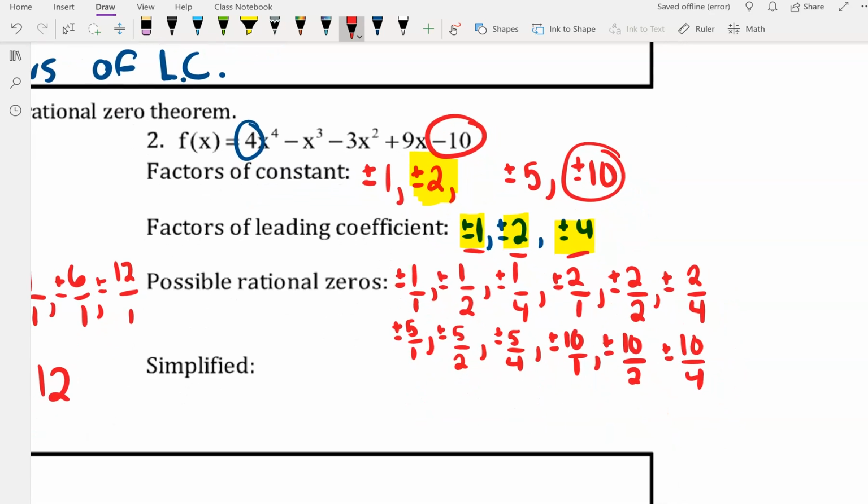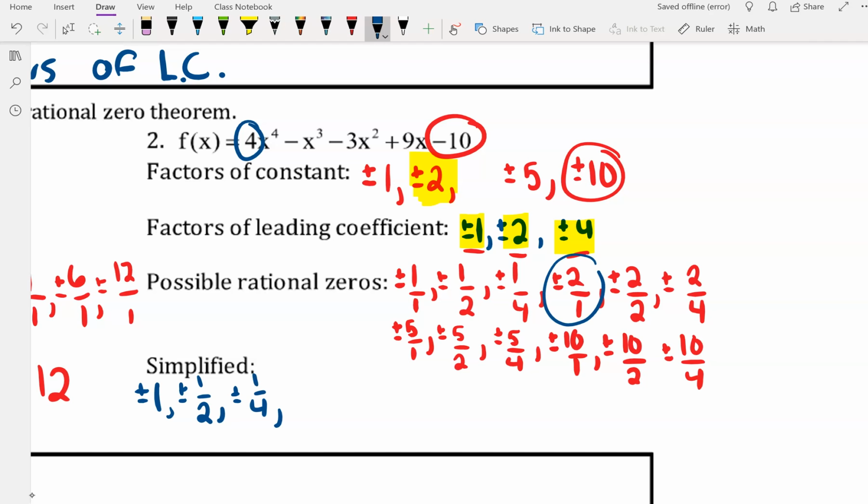Now, this is why it's necessary to have a simplified list down here, because obviously what we have right here is not very nice and simplified. So the first one, 1 over 1, just simplifies to 1. Then 1/2, I can just leave as plus or minus 1/2. Then plus or minus 1/4. Okay.